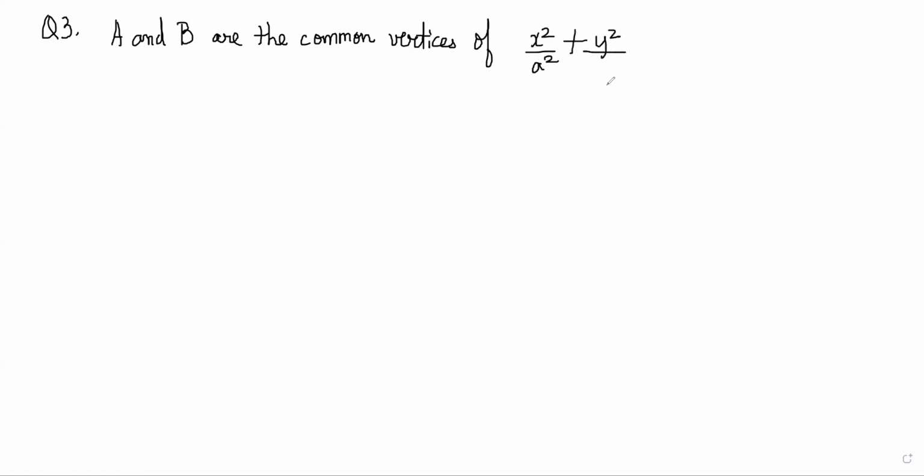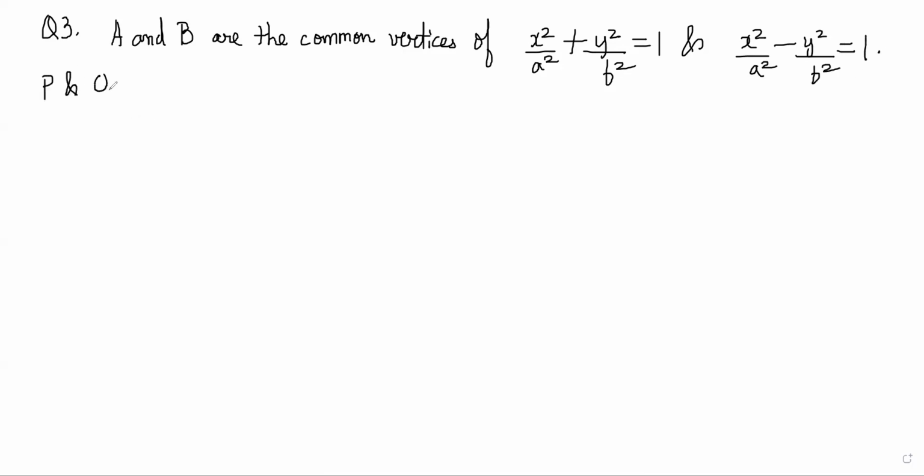A and B are the common vertices of x square by a square plus y square by b square equal to 1 and x square by a square minus y square by b square is equal to 1.